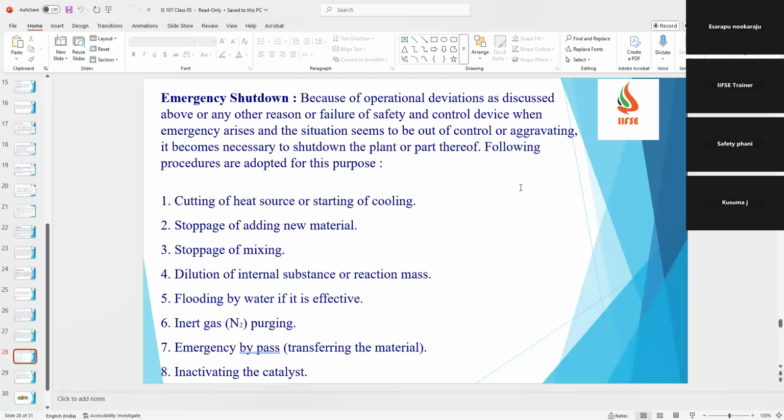When you say dilution, it means reducing the concentration. Then inert gas purging, so that we can avoid the formation of a flammable reaction mixture. Then emergency bypass or inactivating the catalyst.